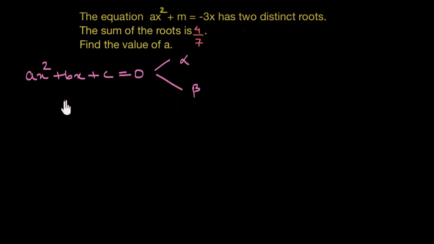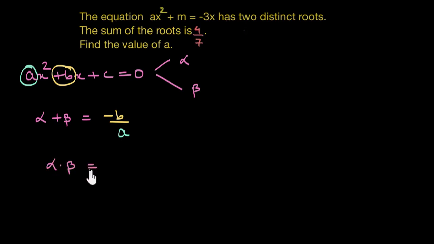For the standard quadratic equation, the sum of the roots, alpha plus beta, is given by negative of the coefficient of x, that is negative b in this case, divided by the coefficient of x², which is a. Similarly, the product of the roots, alpha times beta, is given by the constant value c divided by the coefficient of x², that is a.